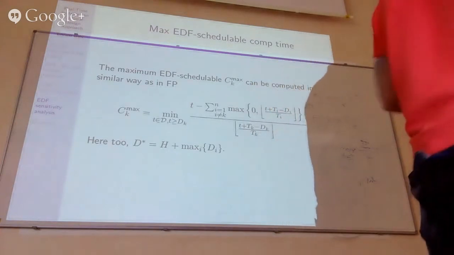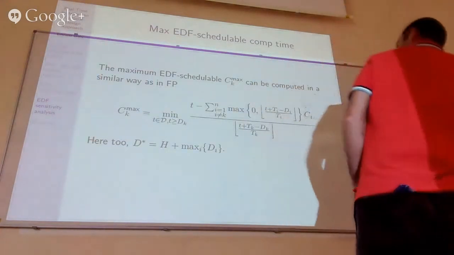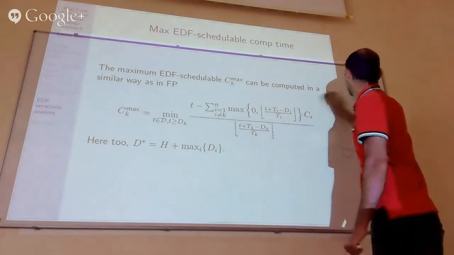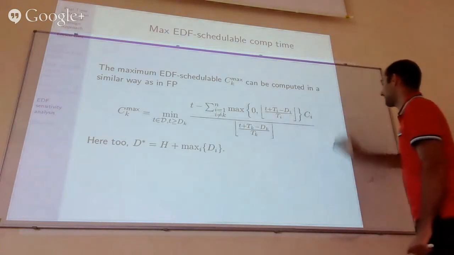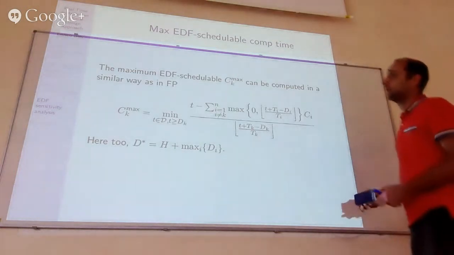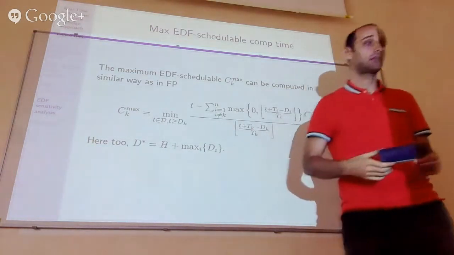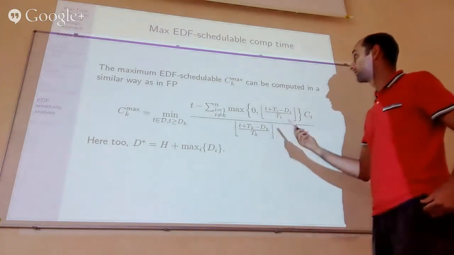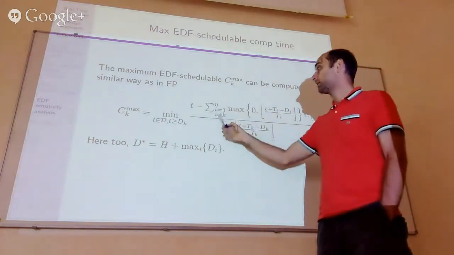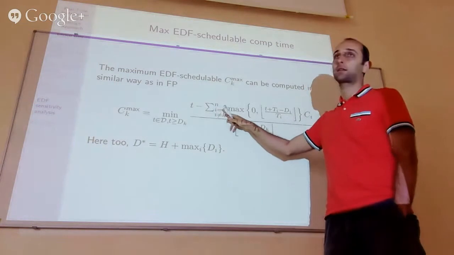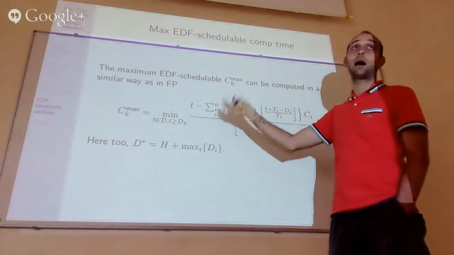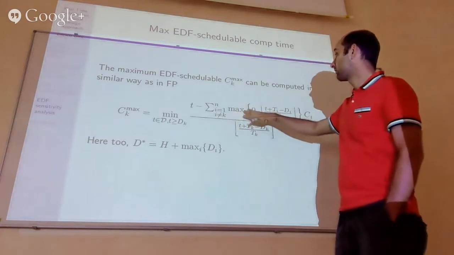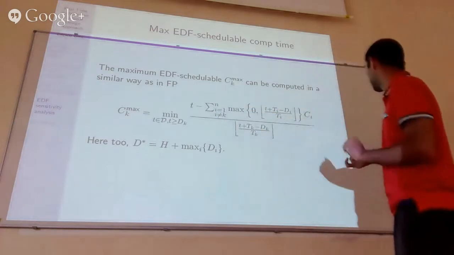With the very same math, we can compute the maximum feasible computation time for each task. There is no rocket science here, we just do the same. From the summation, we take the k task in which we are interested out, so that we isolate it.